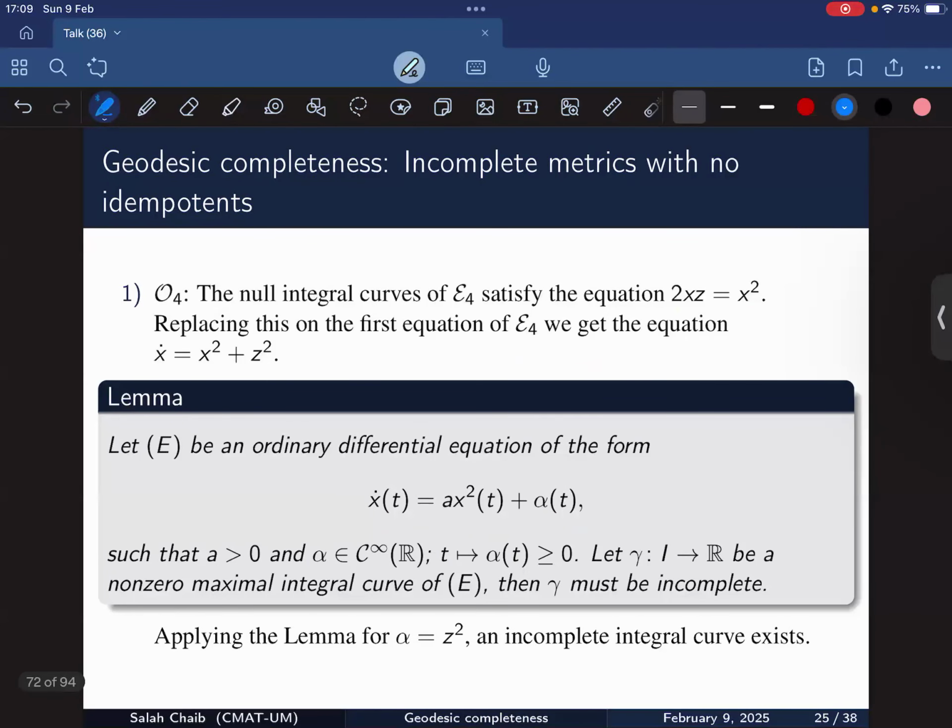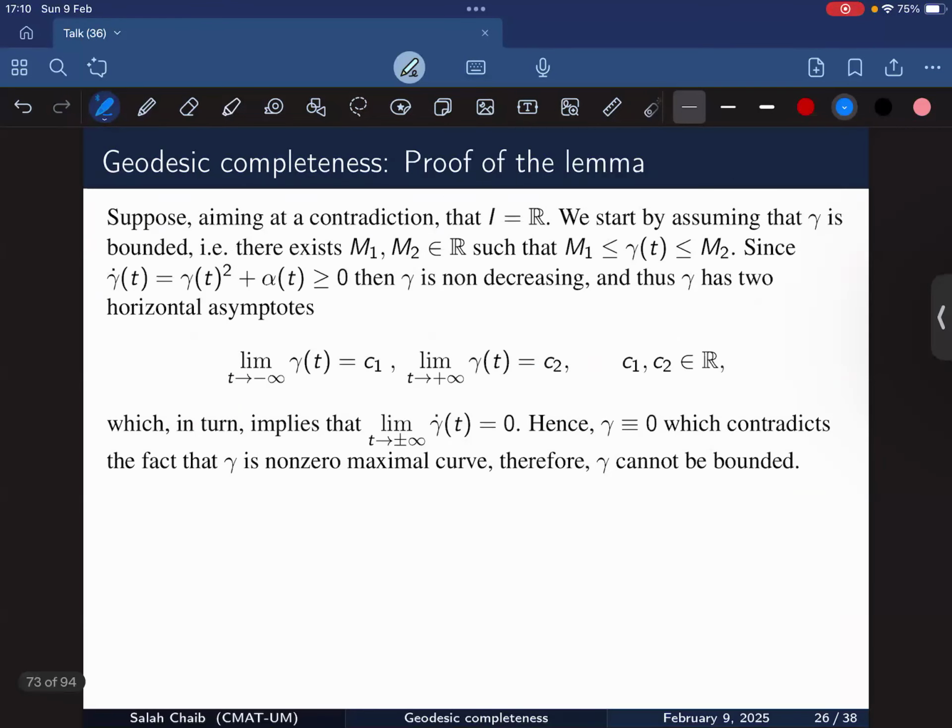So for this case, we apply this lemma for alpha equals z squared. So first we prove the lemma. In the first part, we prove that an integral curve is not bounded. Okay, so we take a non-zero integral curve, and we suppose that it is bounded, in order to get a contradiction.